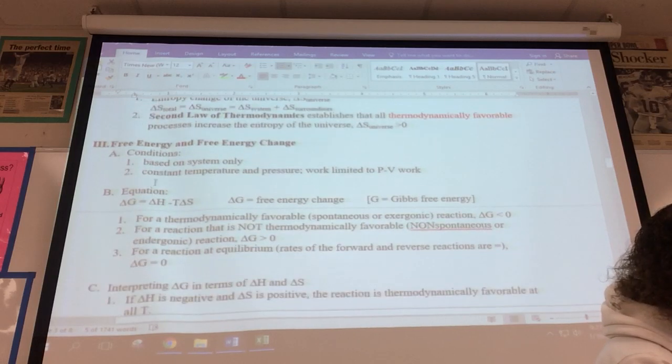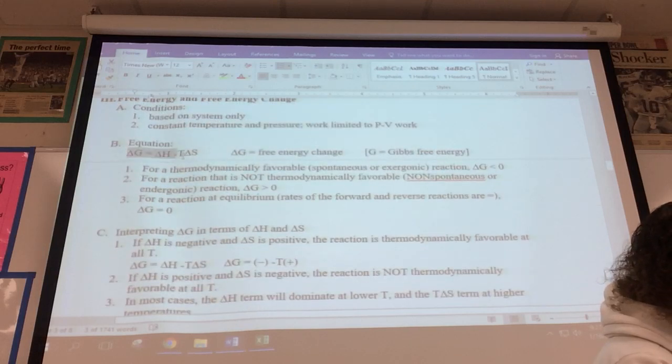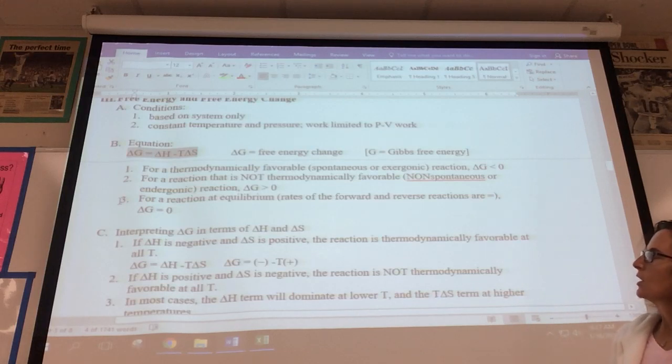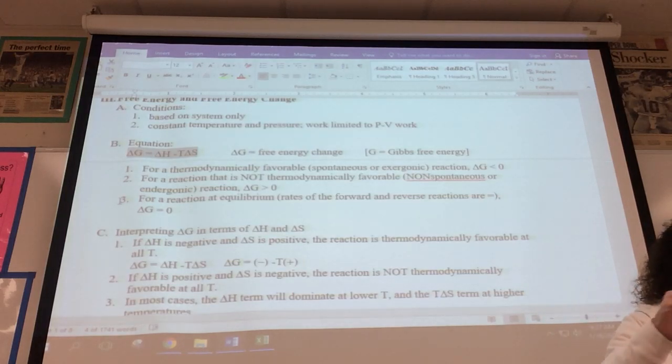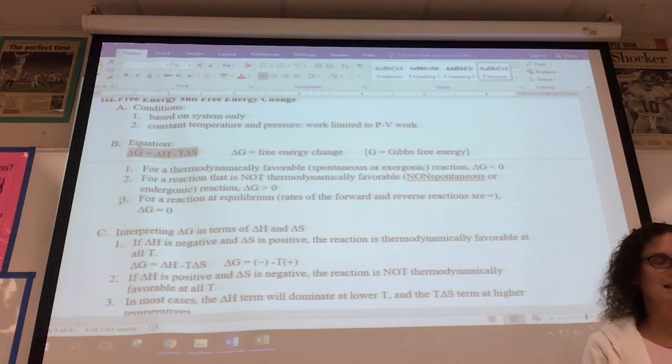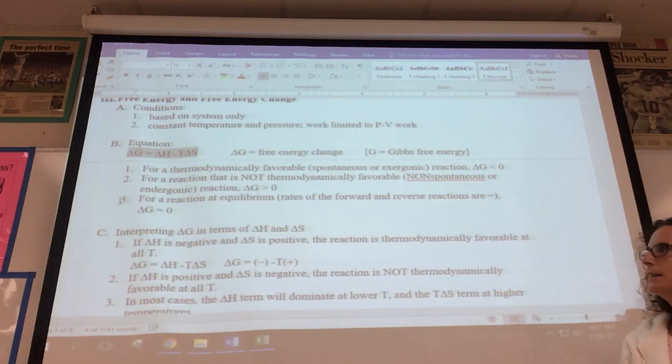And that's what we're going to look at here. This is based on the system. You're going to hold temperature and pressure constant, and you can calculate delta G, the change in free energy, the change in Gibbs free energy, named for Gibbs.